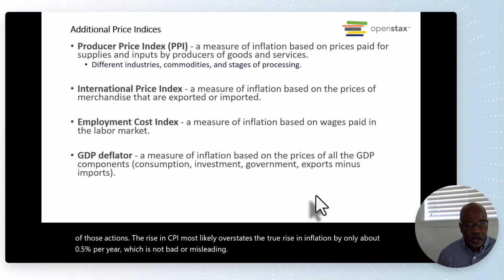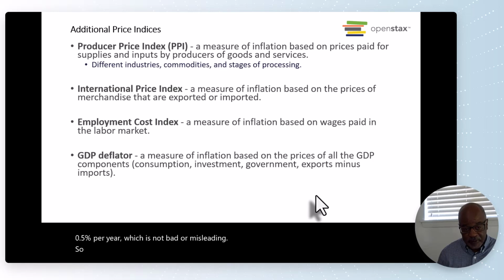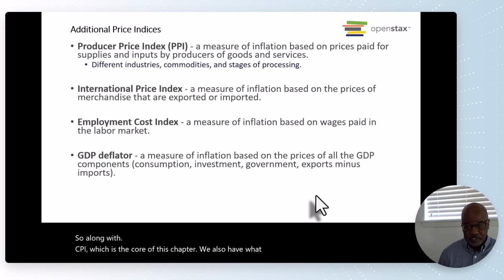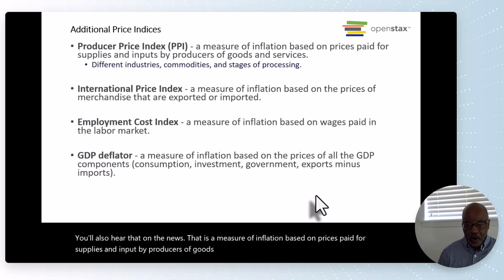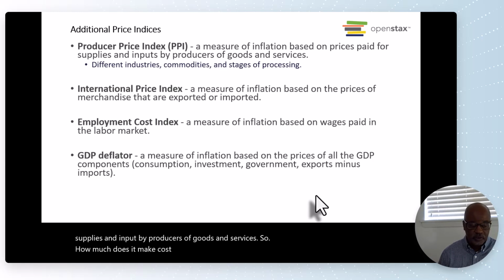Along with CPI, which is the core of this chapter, we also have what we call Producer Price Index, PPI. You'll also hear that on the news. That is a measure of inflation based on prices paid for supplies and inputs by producers of goods and services. So how much does it cost me to make a pair of Nike shoes?